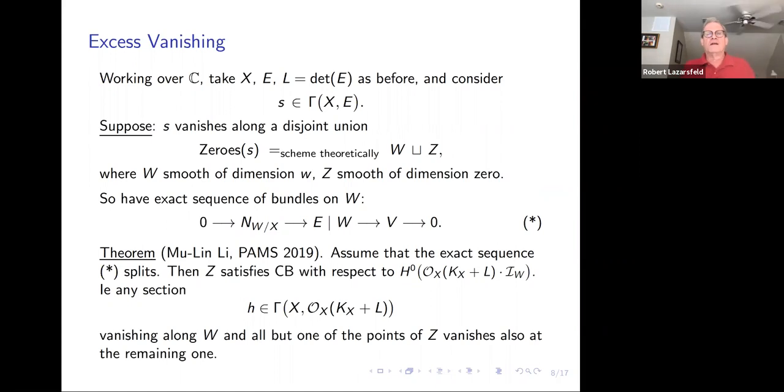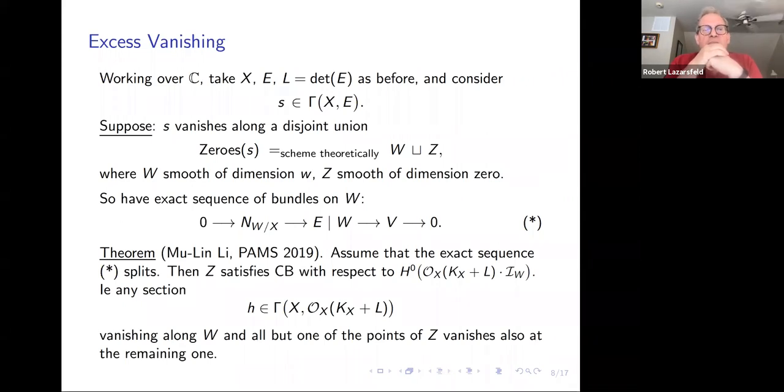So now we want to start with the same setting as before. So we have an n-dimensional variety, a rank n vector bundle E. But now we'll take a section of E, and we'll allow this section to vanish in more than points, in higher dimensional loci than points.